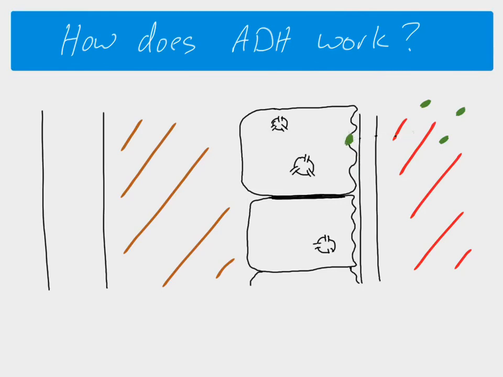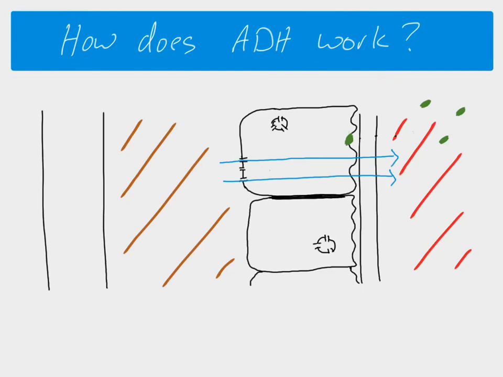When the ADH binds onto those receptors on the collecting duct cells, that triggers the movement of the vesicles towards and the fusion with the cell surface membrane. So we now have our increased number of aquaporins, which increases the permeability, and more water is reabsorbed into the blood.